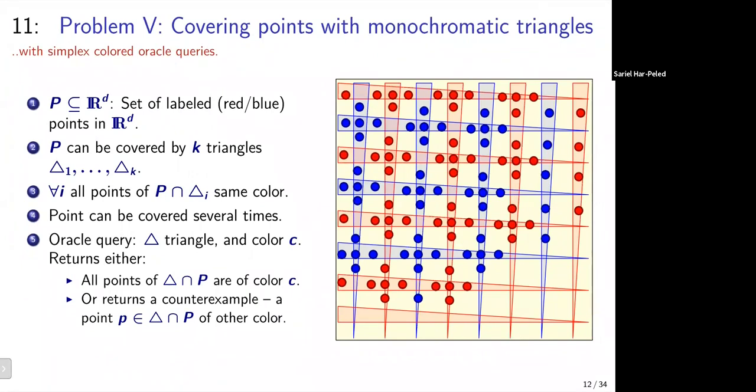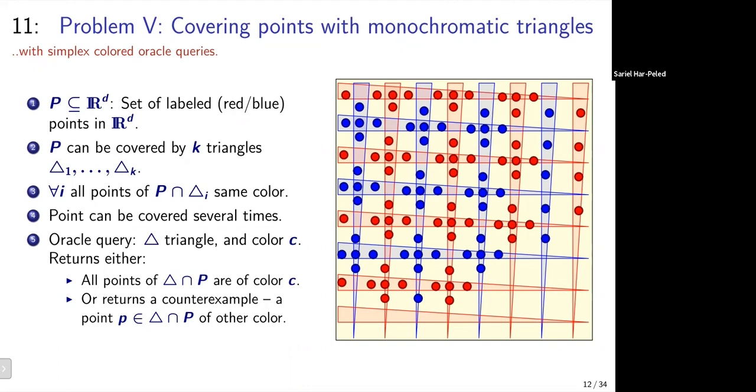Similarly, you can ask the same thing with monochromatic triangles, right? So you have points in the plane, and you want to label the points by red and blue. And now the Oracle queries I allow you is, given a query triangle, are all the points covered by it having the same color?